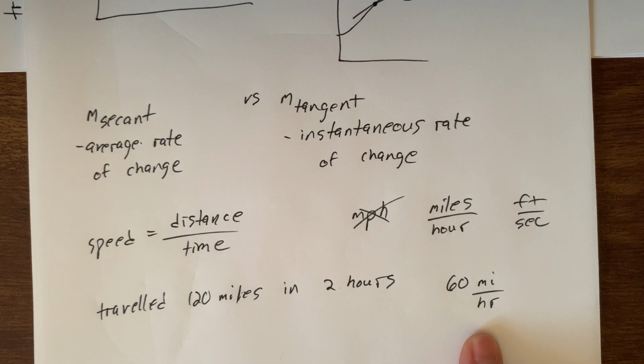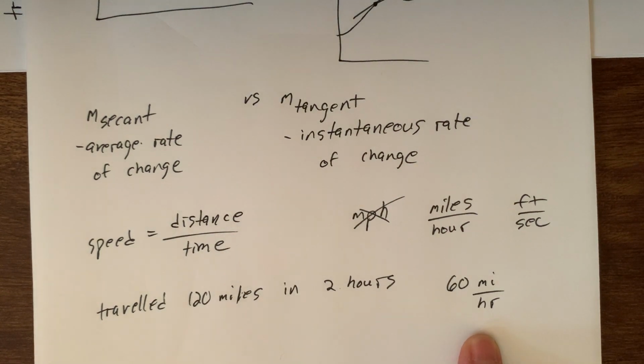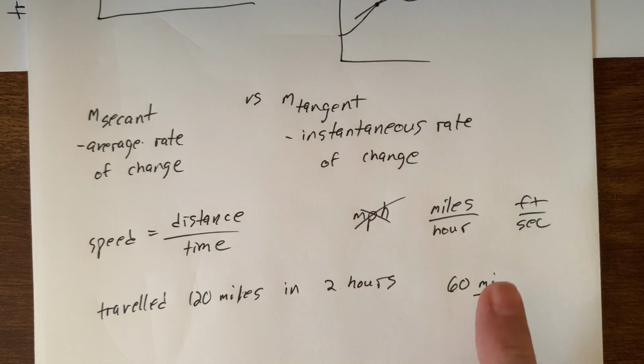But let's say you were traveling along on the highway in a 55 mile per hour zone, and you get pulled over by a police officer who tells you you are doing 70 in a 55. You're speeding. Now, if you tell that police officer, but my average speed is only 60 miles per hour, does that really matter? No, and definitely don't do that, by the way.